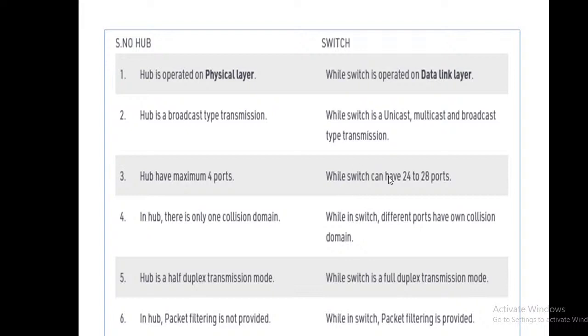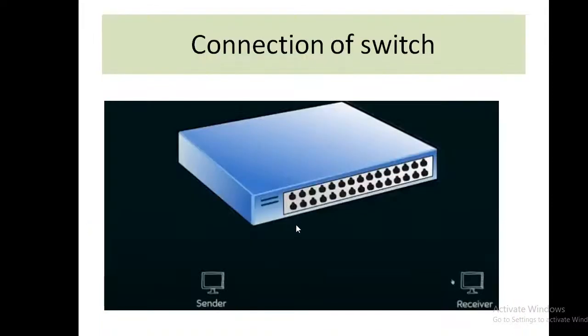Nowadays the specifications are changing, and for switches we will be using 24 port switches here. A hub is a broadcast type of transmission, because when you get data in one port, that data is broadcast to all other ports connected to it. A switch is unicast or multicast, depending on the type of usage: unicast, multicast or broadcast.